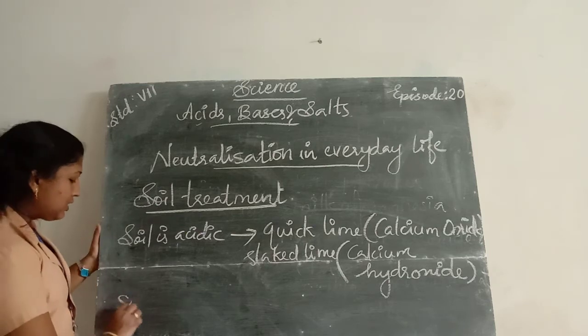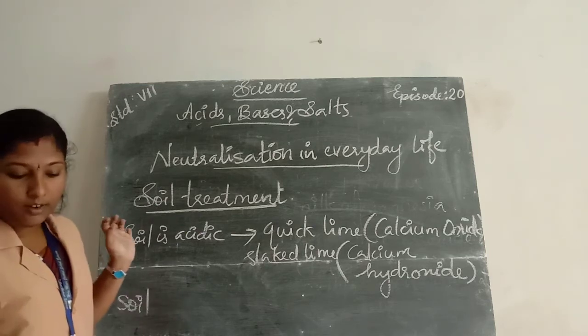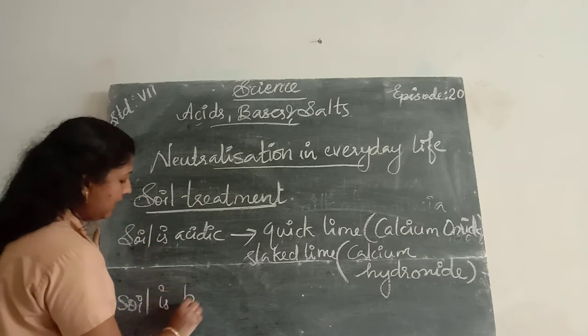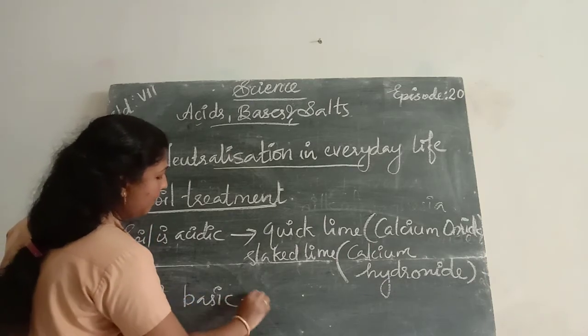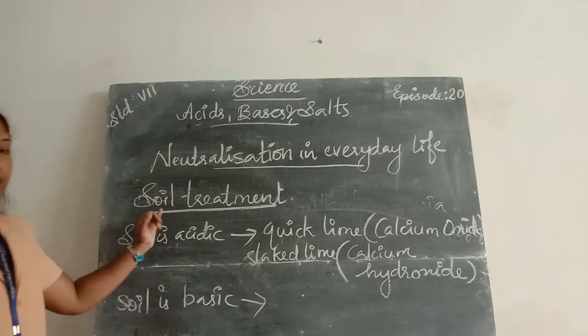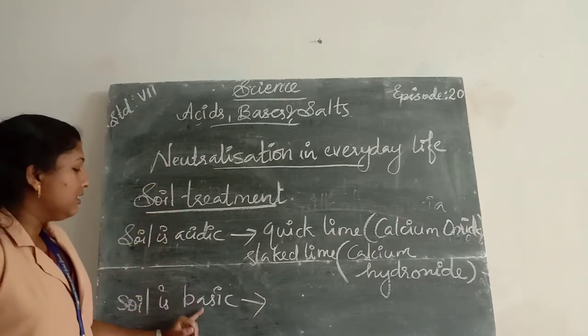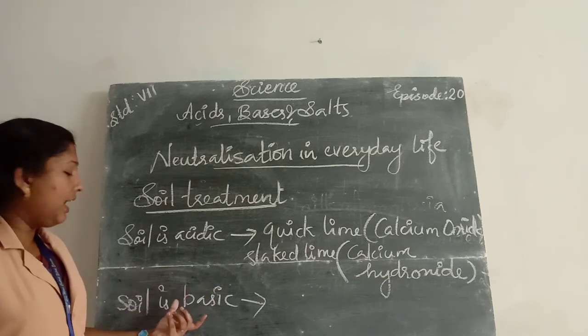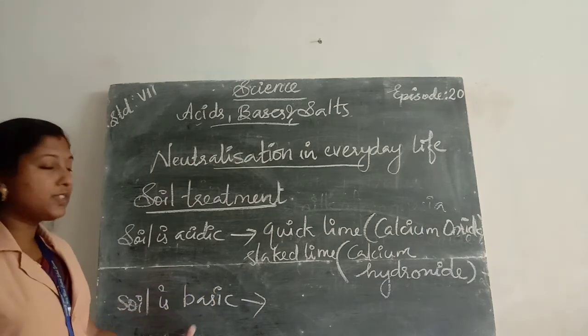If the soil is too basic, in that case also the plants never grow in that soil. If we test the soil, we find that the soil is too basic.